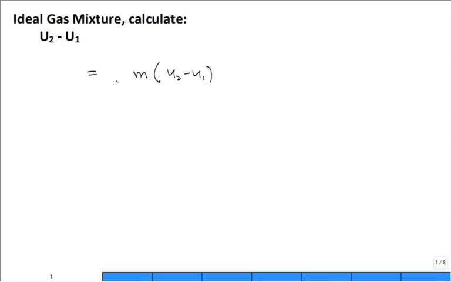But if we have multiple components, then we have to do a summation over each of those components. That's all it is. So on a mass basis, you just do it like you would for the single component. All right, how about on a molar basis? Well, you would say how many moles of that species times u-bar2 minus u-bar1, but I put a bar on those u's. What does the bar indicate on that lowercase u?